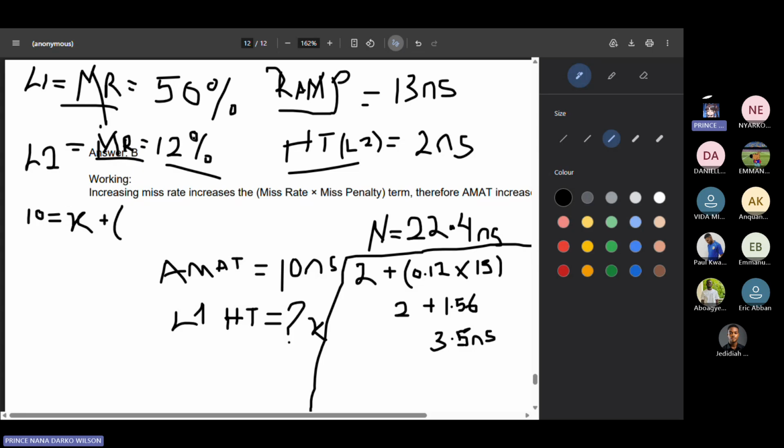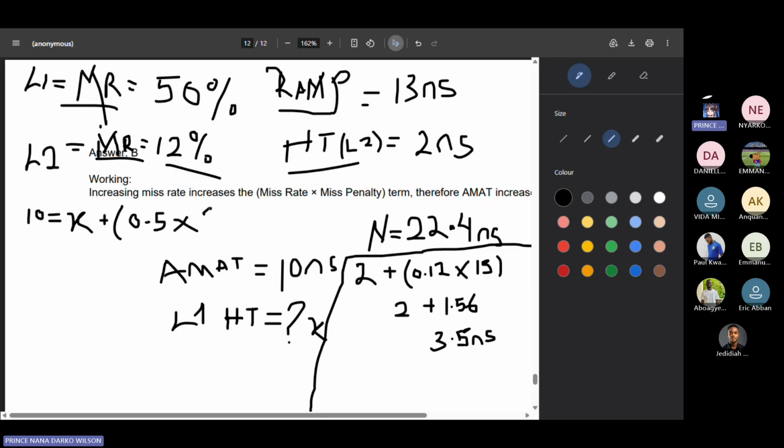So what was our level 1 miss rate? It was given to be 50%. So 0.5 times, and since level 2 is the memory that we will be referencing for the value because it's inclusive, the access penalty is going to be the level 2 access time, which is 3.5.